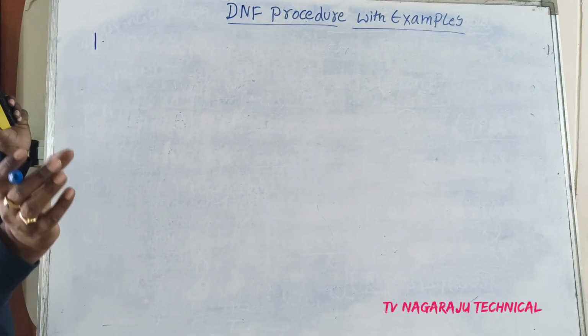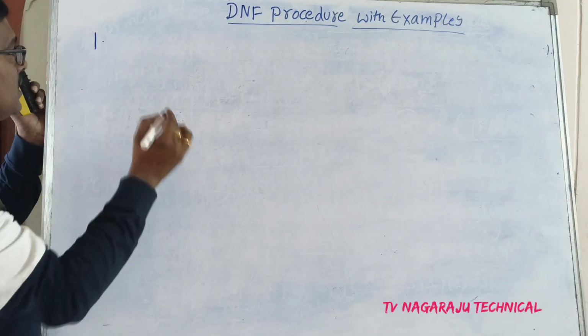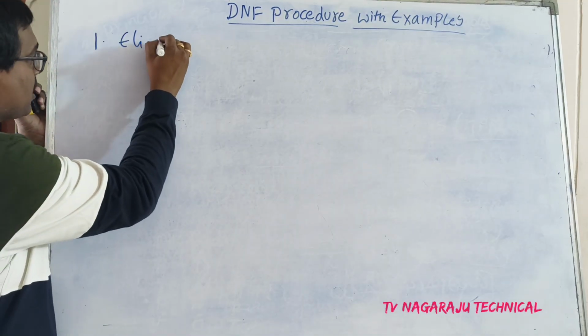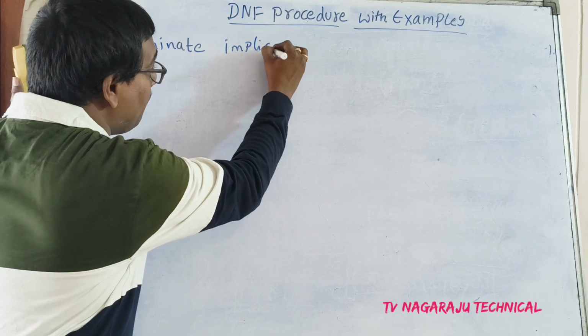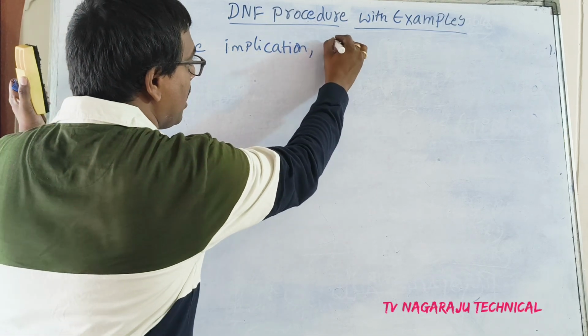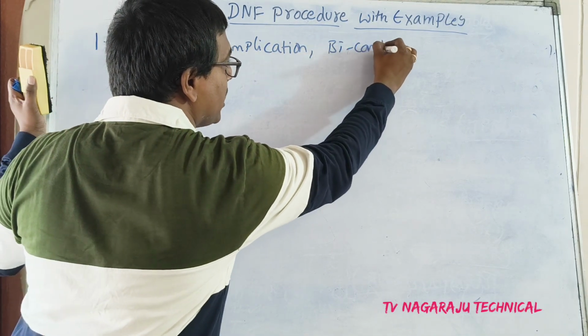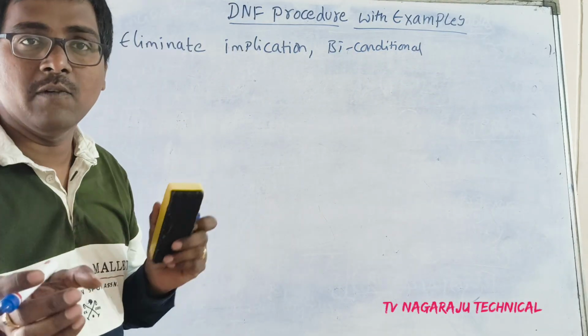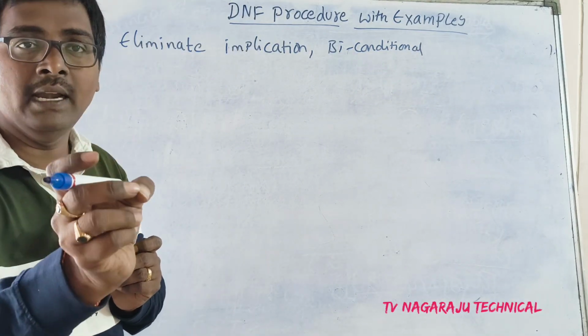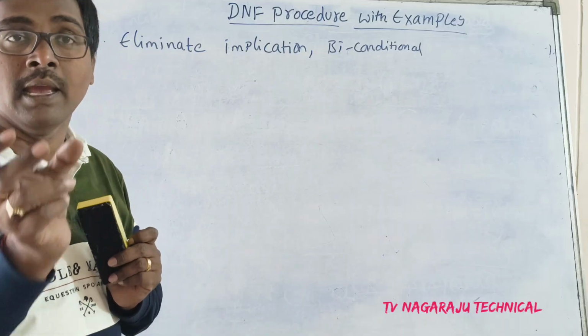It's very simple. First, if an expression is given, you need to eliminate the implication statements or biconditional statements. That means our DNF or CNF contains only AND or only OR.